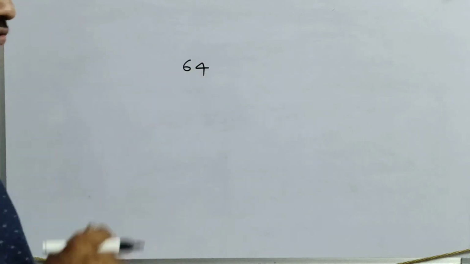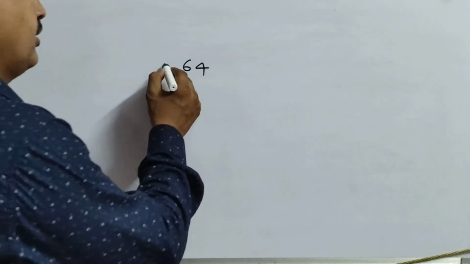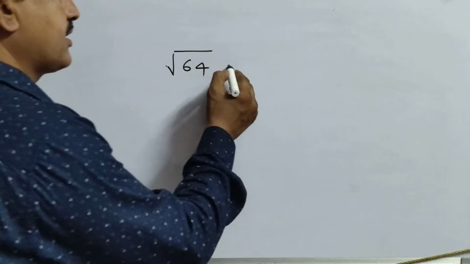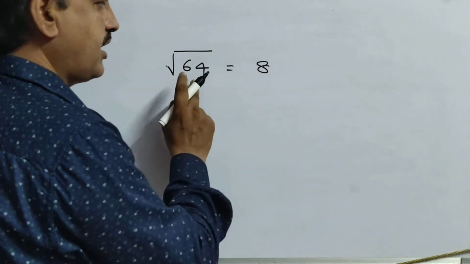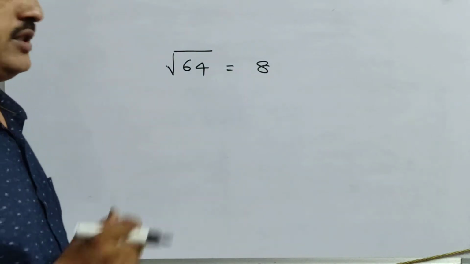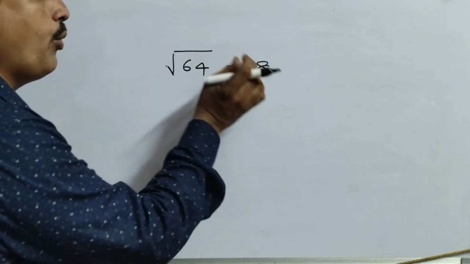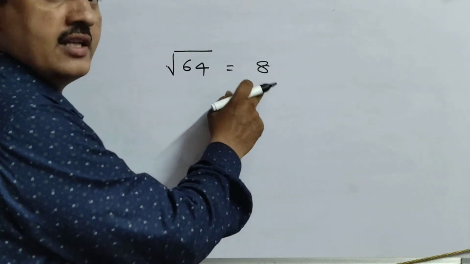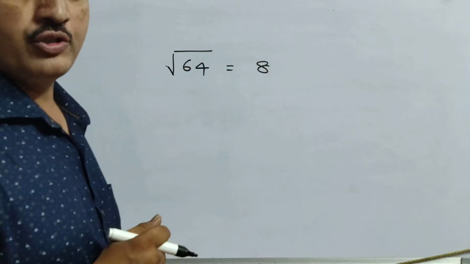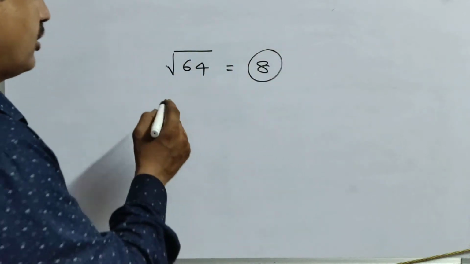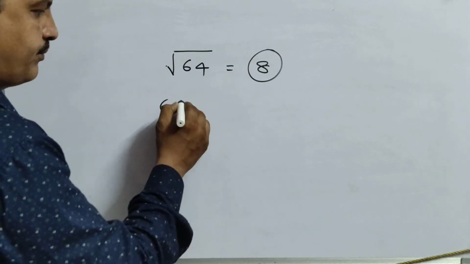If you find the square root for 64, you will get some answer, for example 8. That means for 64, how many digits are you going to get in the answer? Only 1.